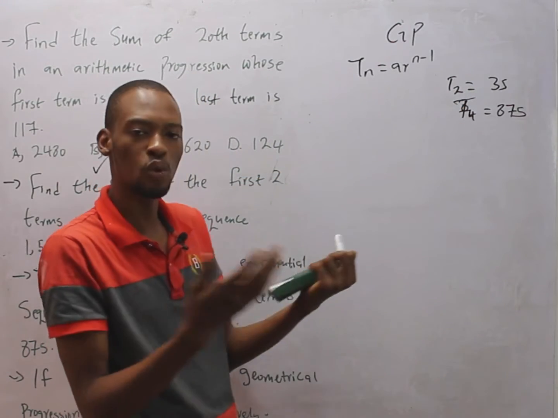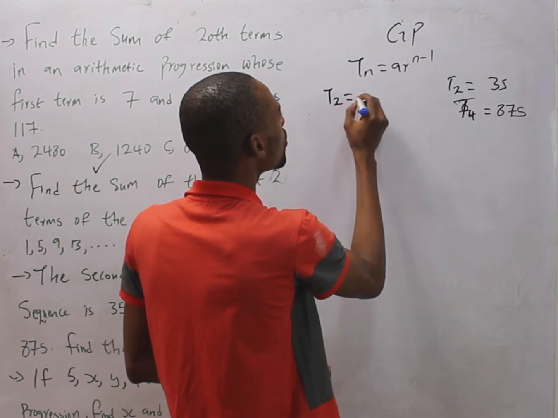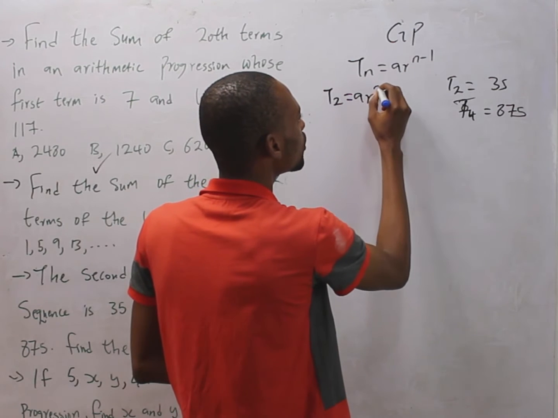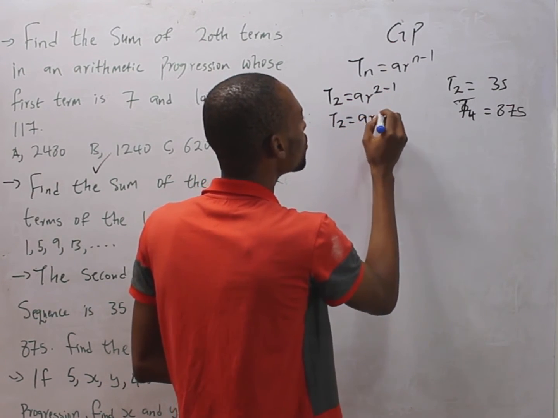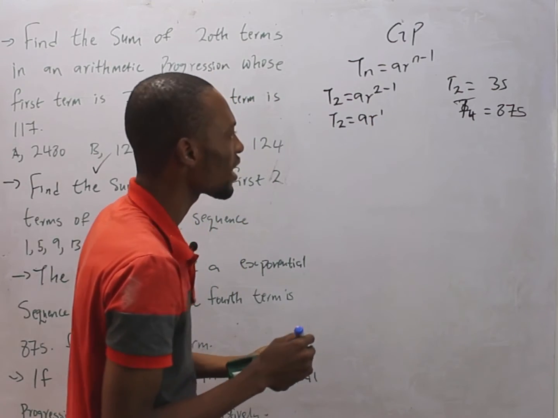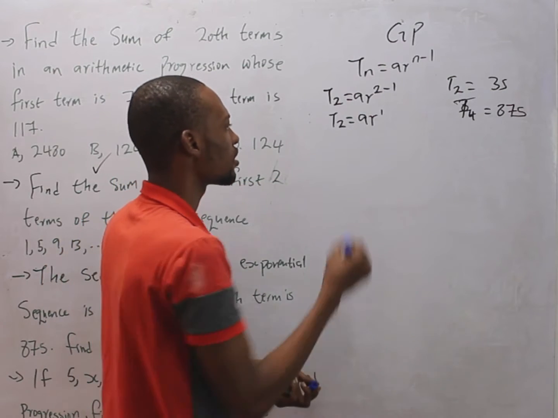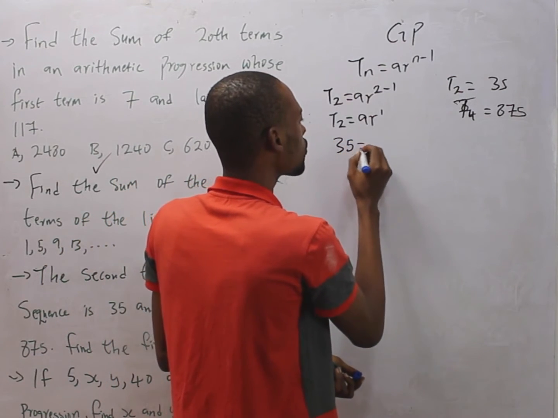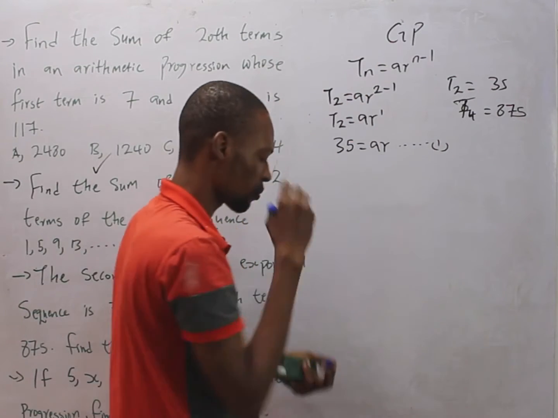It is when n is equal to 2. So when n is 2, T2 = ar^(2-1). T2 = ar raised to the power of 1. And we are told that T2 equals 35. This means 35 = ar, equation 1.